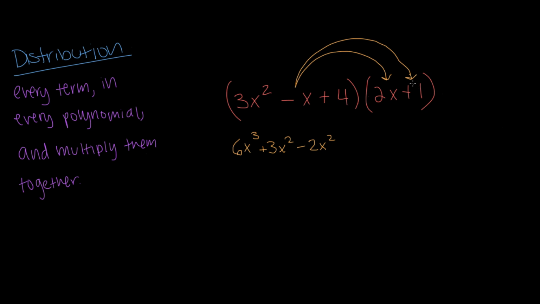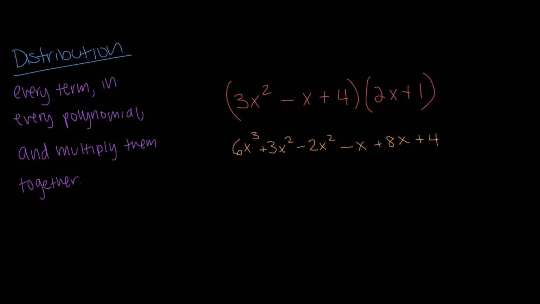So negative x times 1 is just negative x. Now we do the exact same thing for our third term, which is 4. So we draw our two arrows. So following our first arrow, 4 times 2x gives us 8x. And following our second arrow, 4 times 1 gives us 4. So now that we've run out of terms in the first polynomial, we can say that we are done.